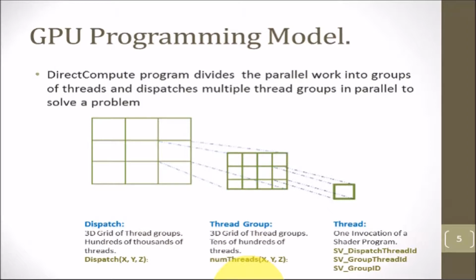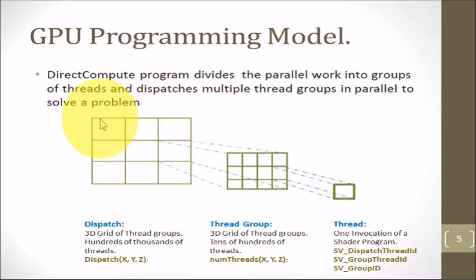That means a dispatch call from the DirectX API says how many thread groups to launch. On the screen, it dispatches the number of thread groups.